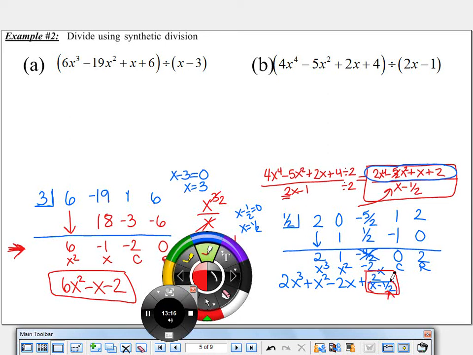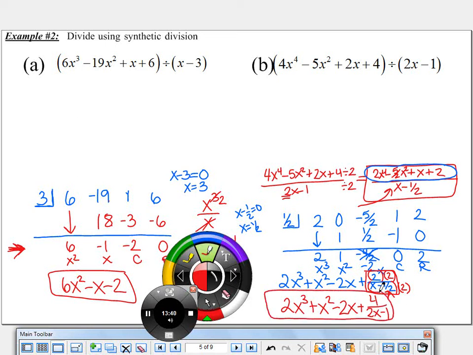So in order to do that, I want to multiply this by 2 so there will no longer be a fraction. I can only do that within this fraction if I also then multiply the numerator by 2. So my final answer then is 2x to the 3rd plus x squared minus 2x plus 4 over 2x minus 1, which is the same as what we had before.